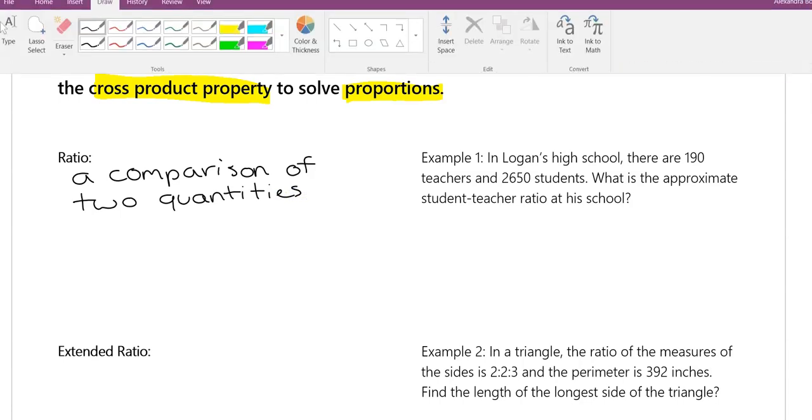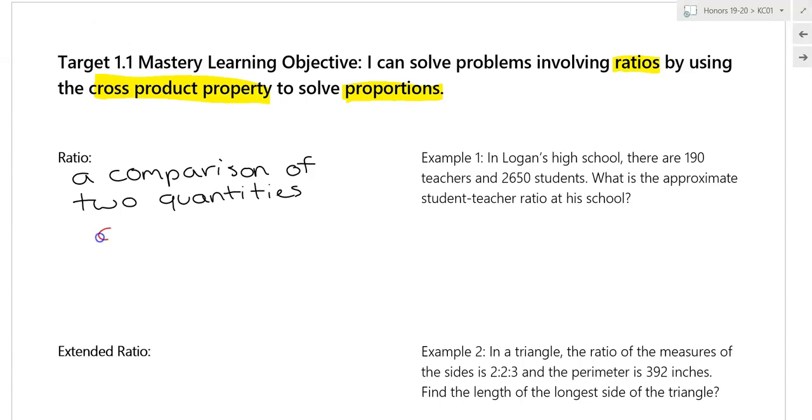There are three ways to write ratios. You can say A to B, A colon B, which also says A to B, or A over B, that way. Division also represents a ratio.